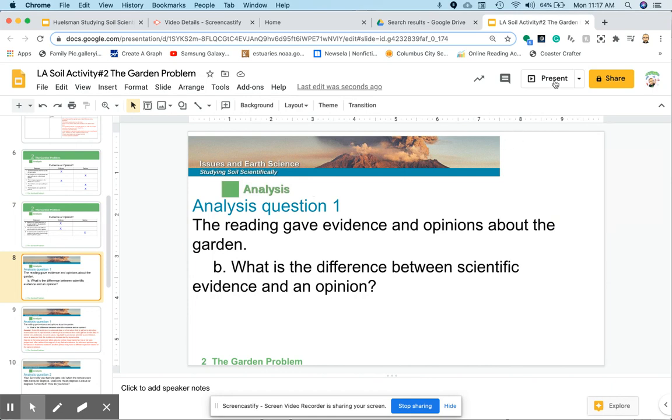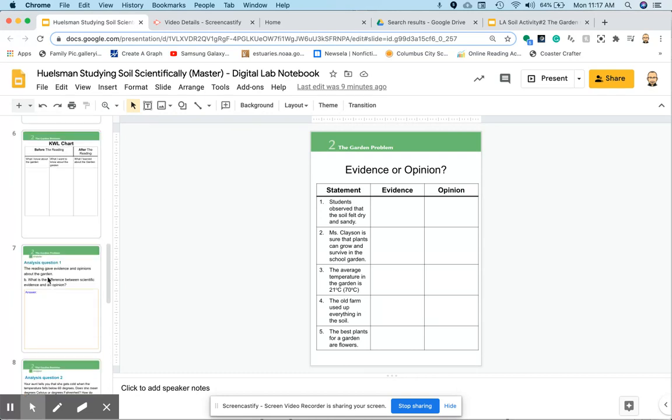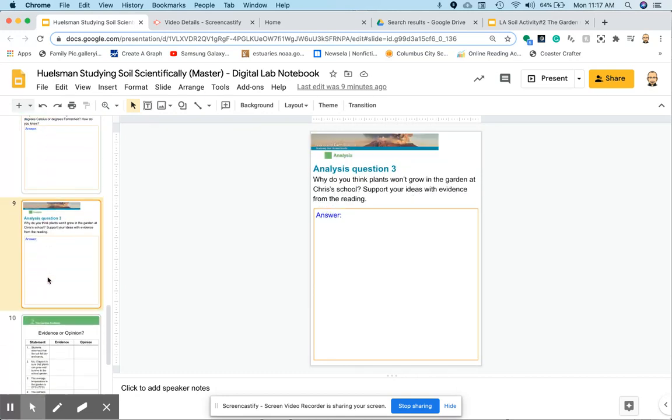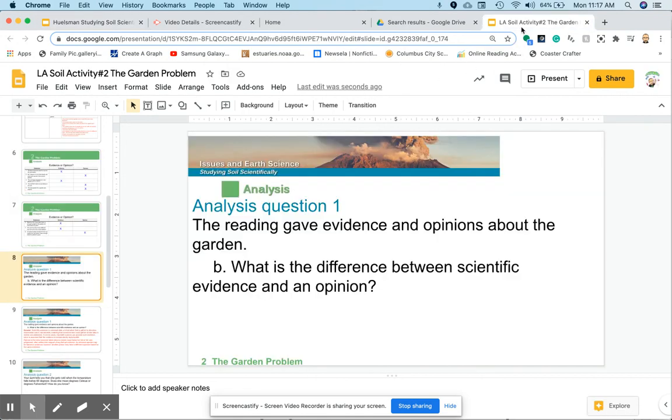All right, let's go over the analysis questions. So again, the analysis questions are questions 1 through 3 that you should have written or typed in your answer in these spots here. Now, every year I always get, do I have to have exactly what you have down? In a normal year when we're in class, I don't give you time to write all this down, and I don't want you to pause it and try to type all this down.